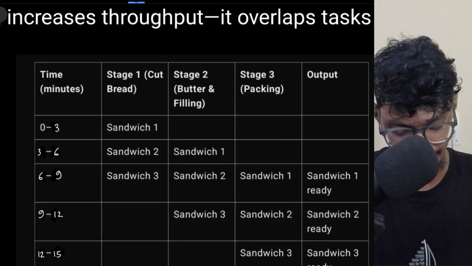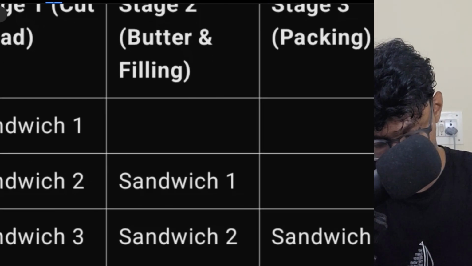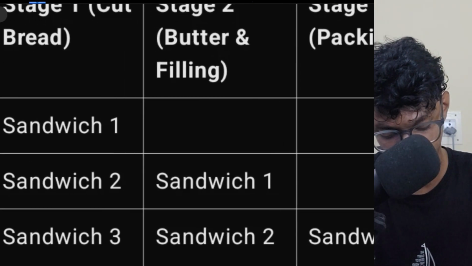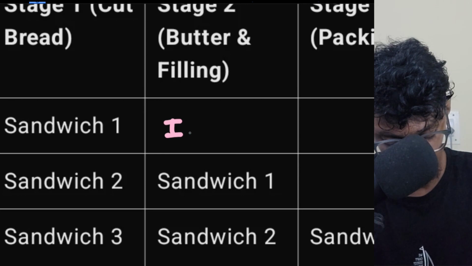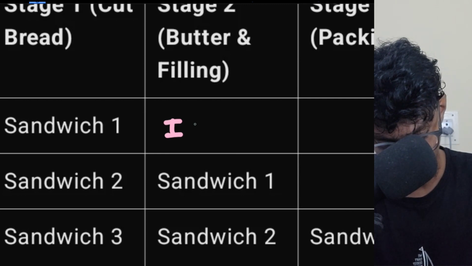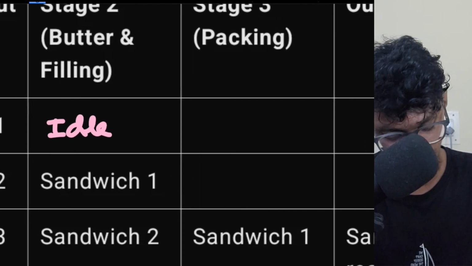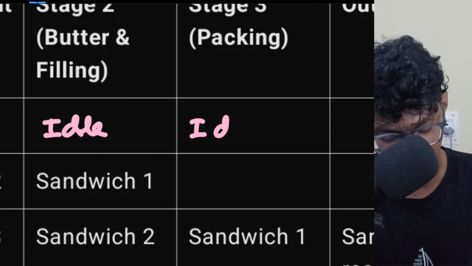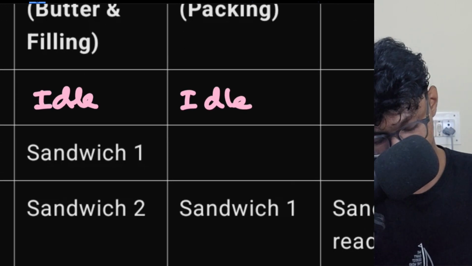Here I just want to write it down neatly so that you can understand if you ever come back to revise. At this stage, person B is idle and person C is idle.